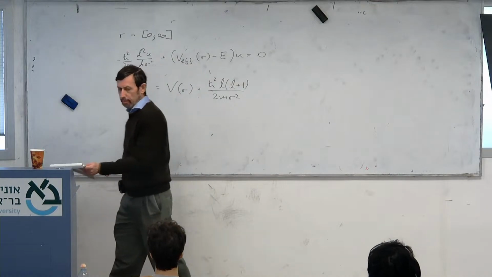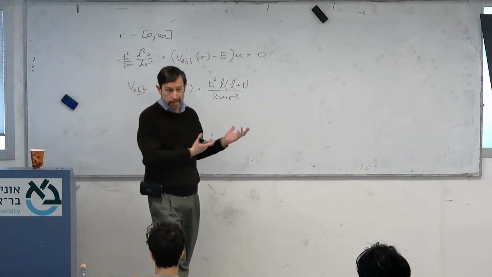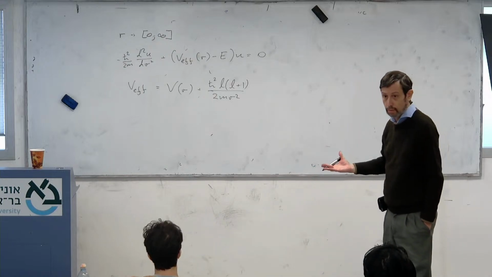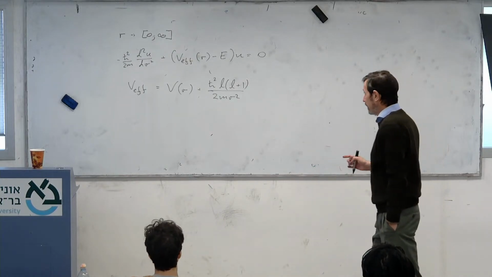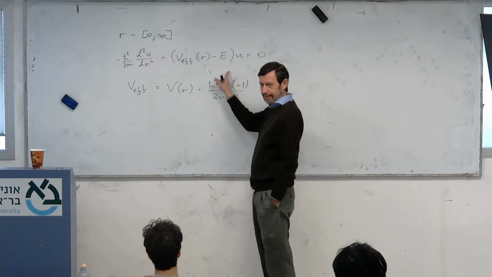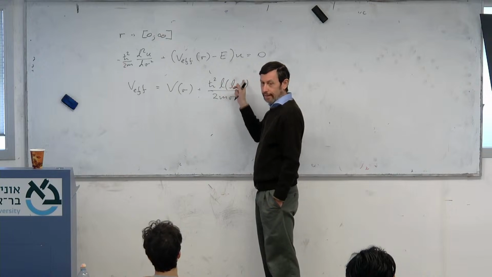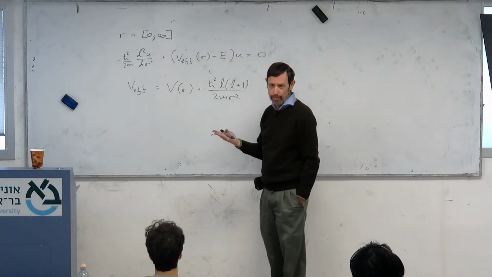If you don't remember from where it comes, this is actually also for classical Hamiltonians, it's not quantum mechanics. The only point of quantum mechanics is h bar L times L plus 1 instead of just L squared, the angular momentum in classical.